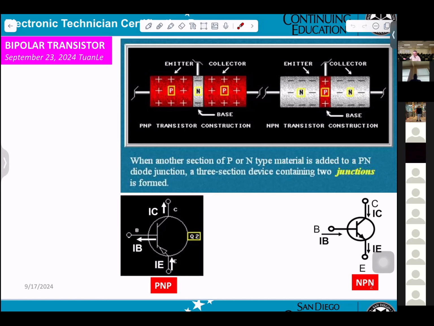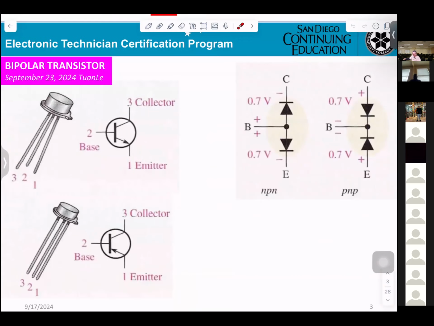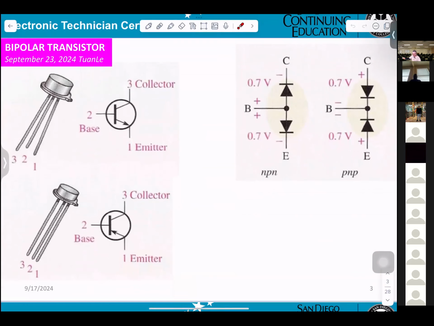Now, you can see NPN, the base here, you get one diode going to the collector, another diode going to the emitter, and the voltage of the diode will be 0.7 volt.